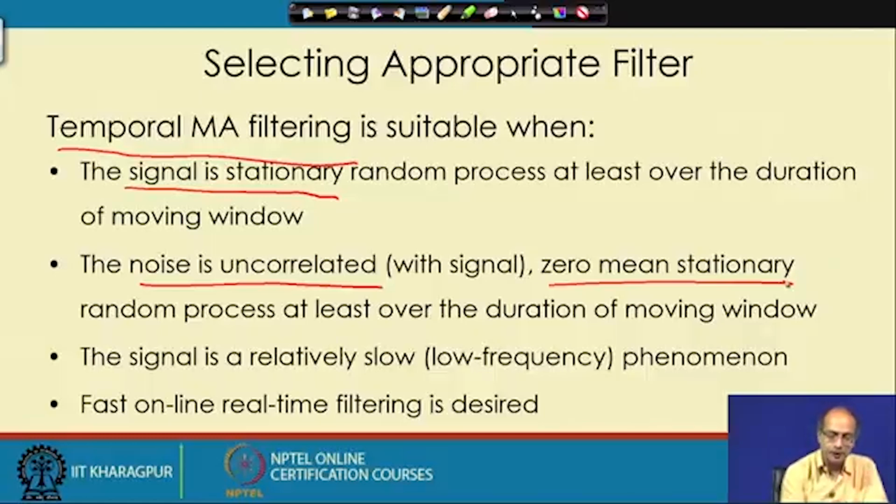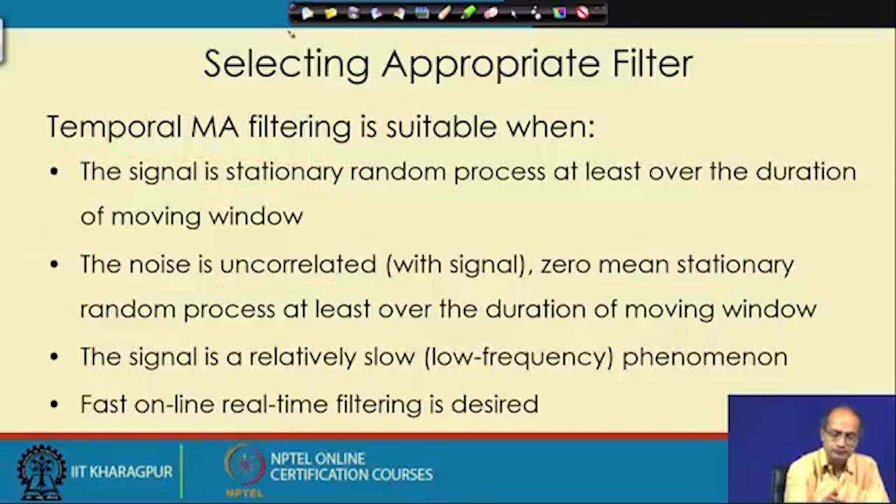Next, we get that the signal is a relatively slow frequency phenomenon. That means that in MA filtering as well as in synchronous averaging, in both cases we are assuming that the signal should be slowly changing and the noise has high frequency, so that by the averaging the effect of noise would go down.